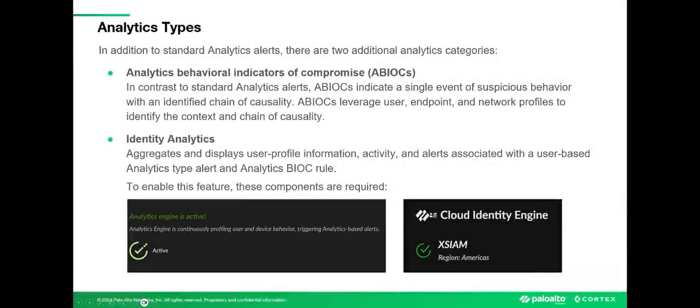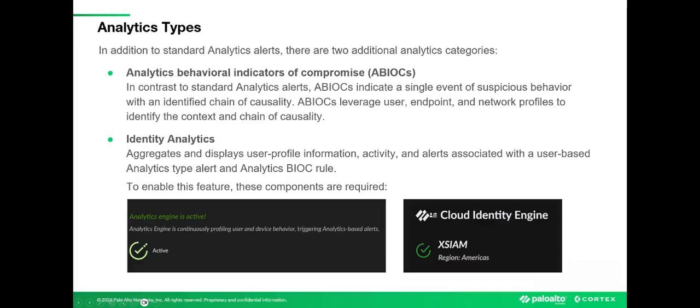So as you enable analytics, we have some special detectors called ABIOC rules, right? On XIAM, we have BIOC rules, which are part of the rule-based engine. They are basically static rules that will trigger the alert when we have a match on the data, on some specific activity. But they are pretty much static.